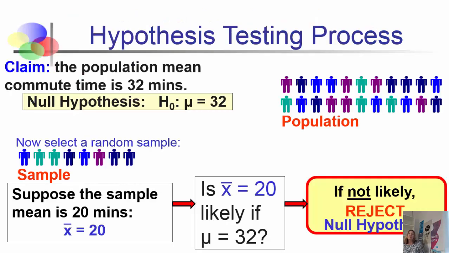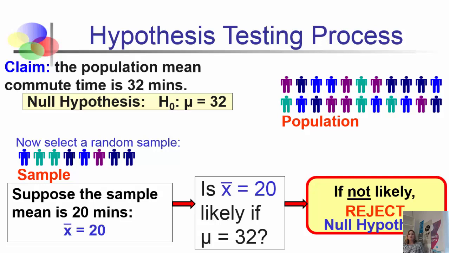So now that you're all experts on formulating hypotheses, let's work through a visual example of hypothesis testing. First, let's take the commute time example. In this case, the null hypothesis was H0: mu equals 32 minutes. We then determine our population, in this case all motorists living in the metropolitan area of Perth and commuting to work by car to the CBD.